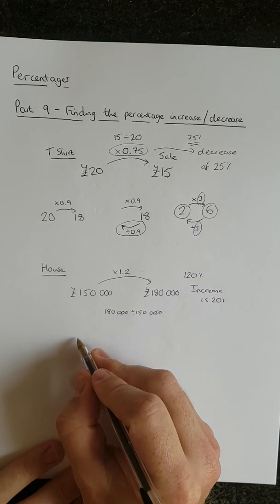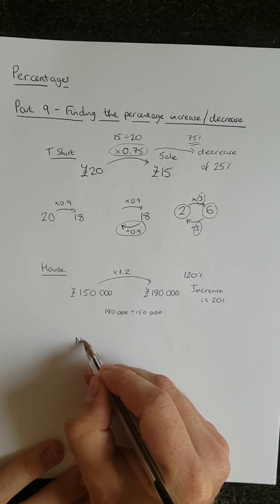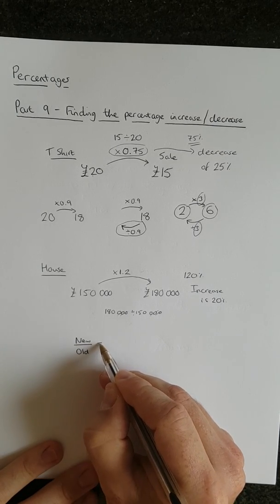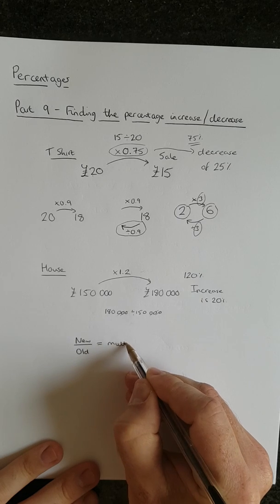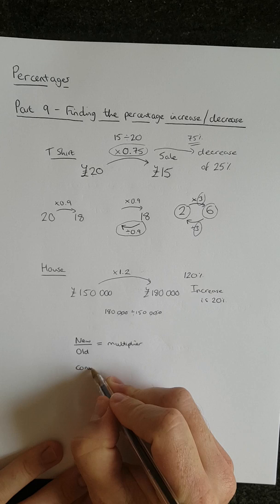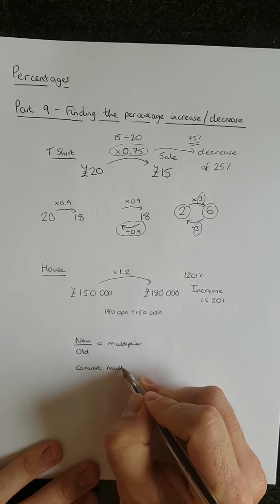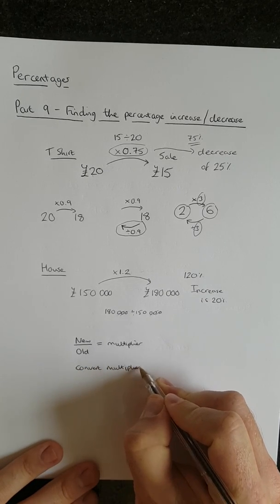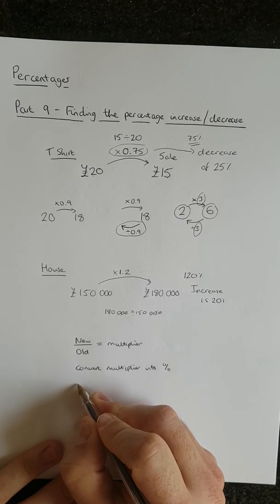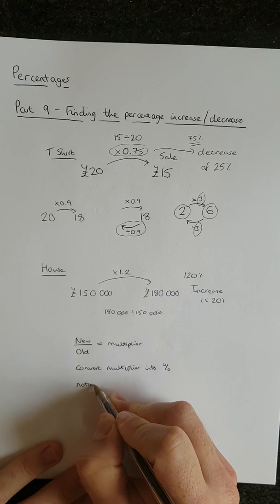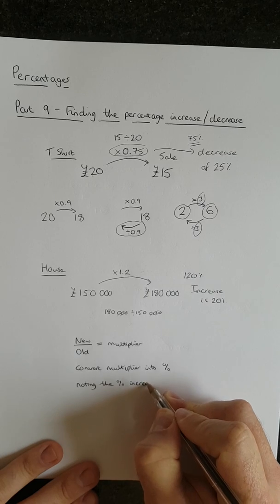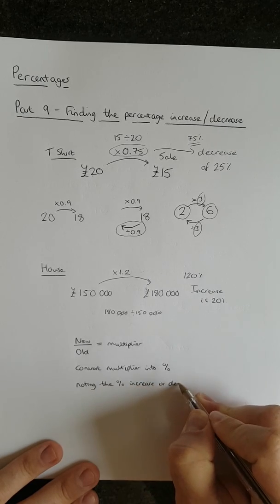So what I'm doing here is I'm taking the new value and dividing it by the old value, and I'm getting the multiplier. And then I'm converting the multiplier into a percentage, and then I'm noting the percentage increase or decrease.